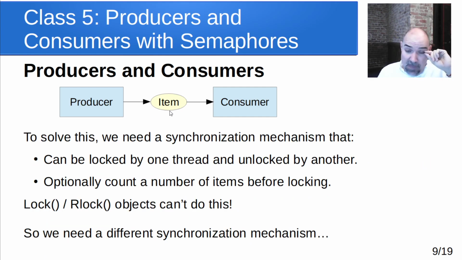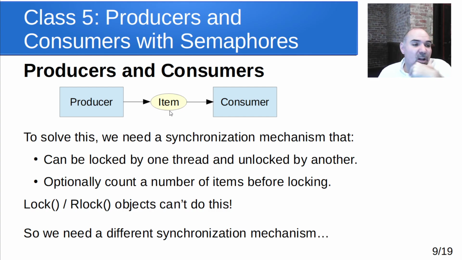Okay, so to solve that, we need a different kind of synchronization mechanism. We need one that can be locked by one thread, but unlocked by another. And we also want one that optionally can count a certain number of items before locking, and then count backwards down to 0 as those things are consumed.